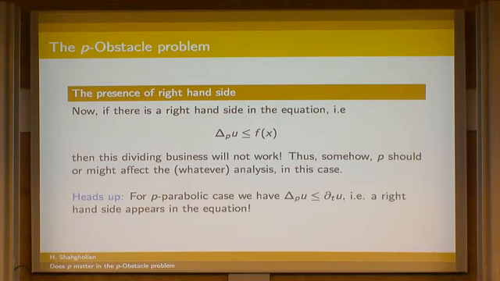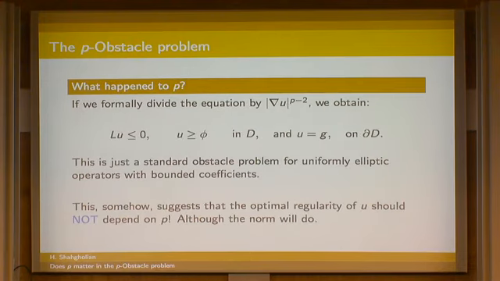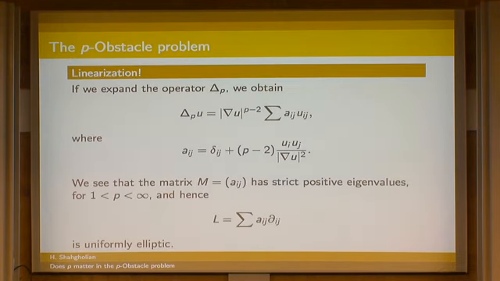You take the normalized Laplacian. In the previous slide when you divide, the L is the so-called normalized Laplacian, right? Which is the interpolation between the Laplacian and the infinity Laplacian, right? Yes, exactly.